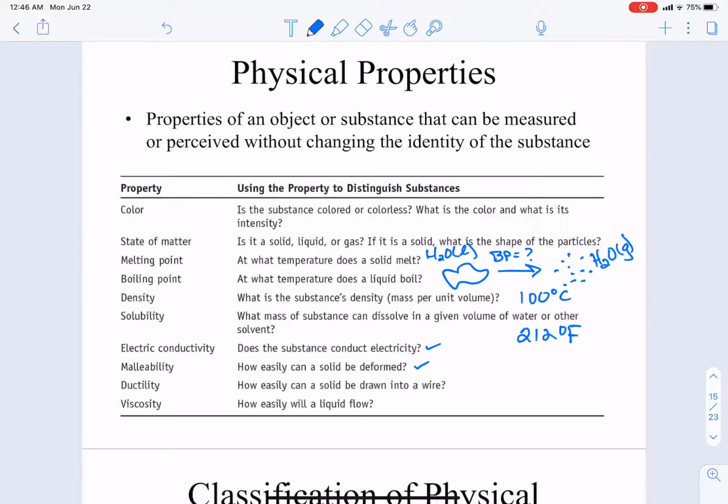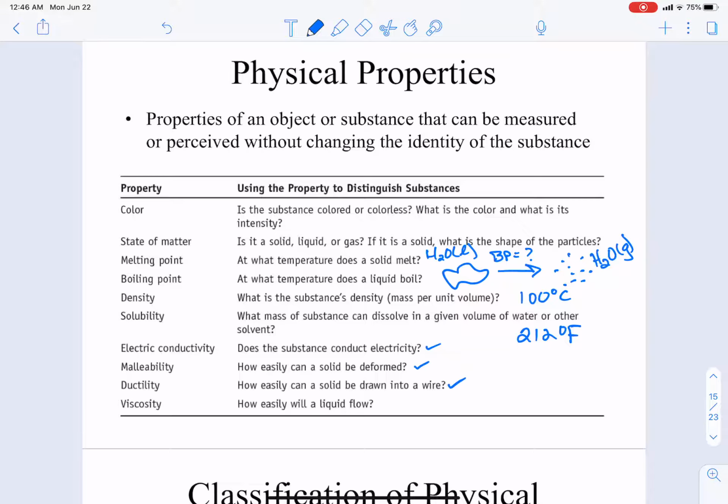So if you go in the kitchen and grab a spoon and get really aggressive and bend it, you can say, aha, my spoon is malleable. Ductility, can you draw it into a wire? So copper would be an element with high electrical conductivity and a high level of ductility. We pull copper into wires, and that's the metal that we most often use in our wires.